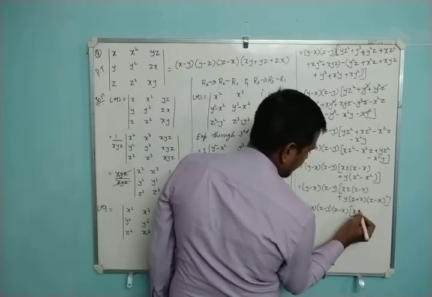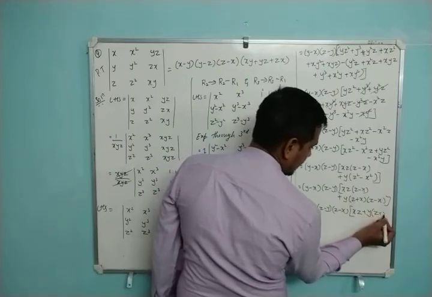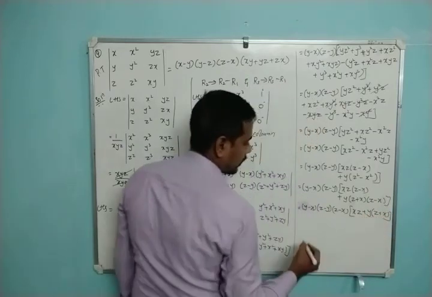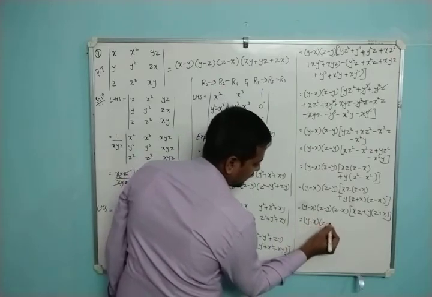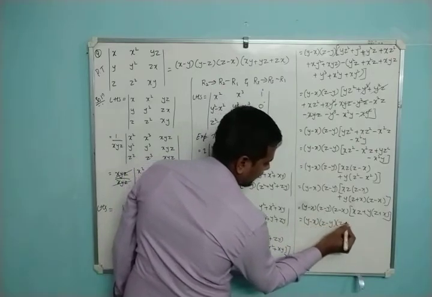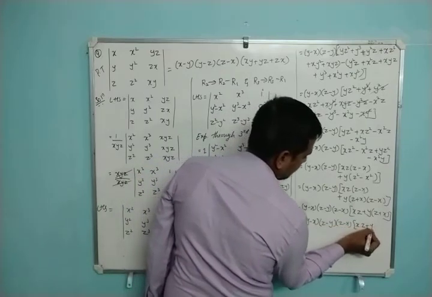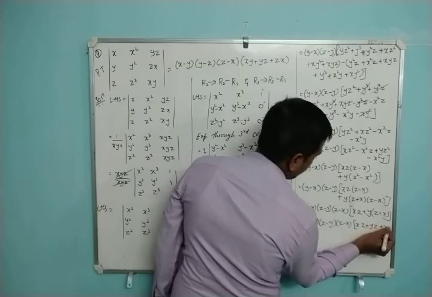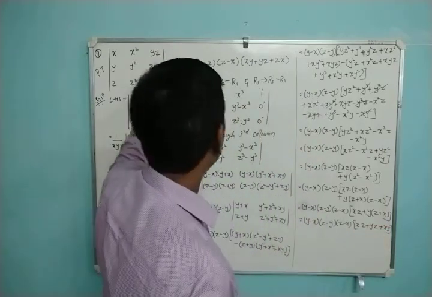What remains? xz plus y into z plus x. Okay, so this is y minus x into z minus y into z minus x into xz plus yz plus xy. Okay, what we want?